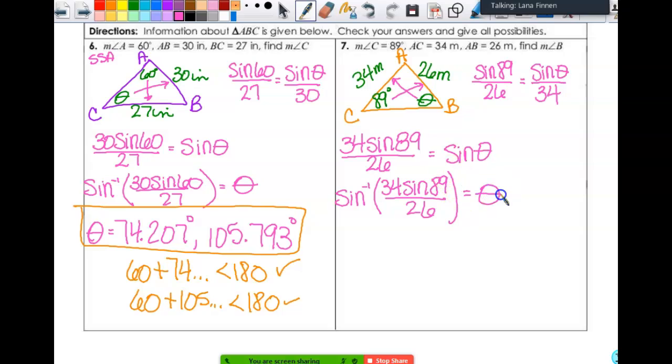Okay, that equals theta. So go ahead and type that in. Get your answers for theta.